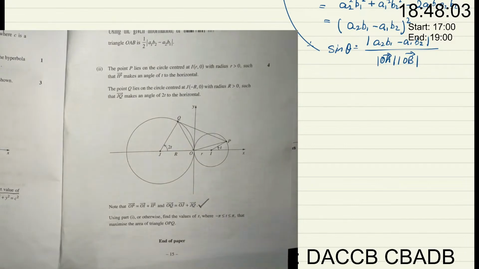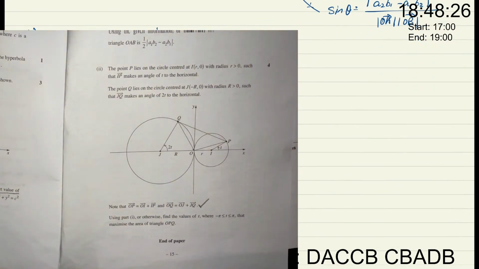This is a really hard vector question, or maybe not to some people. So OP will be all of this plus R on the I component, and you've also got a J component of R sine T. Not bad. Okay, that's OP.